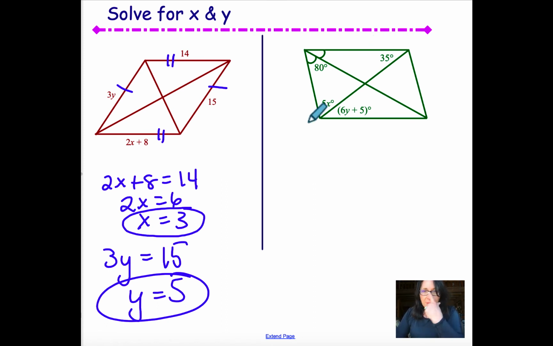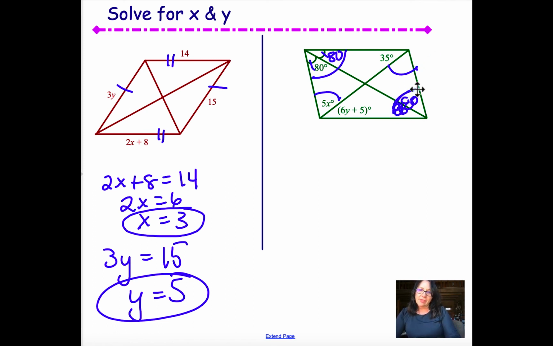For this problem, in order to solve for x and y, what these little loops here are showing me is that these two angles are equal. So if that's 80, that's 80 as well, which also means that that's 160. That also is 160, which means that's 80 and that's 80 also. We know that this angle is going to equal this angle, alternate interior angles.